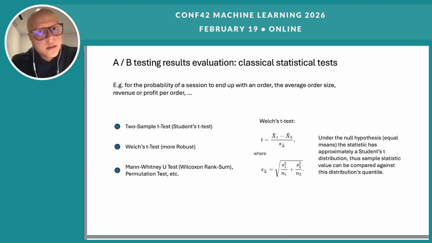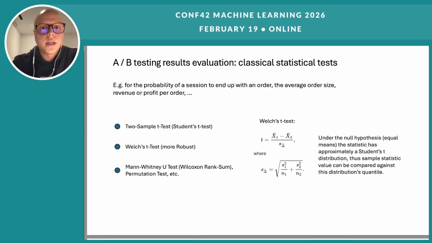How to evaluate the results of a test, of an A/B test? That is a simple statistical problem that has been solved many times with many different classical statistical tests.